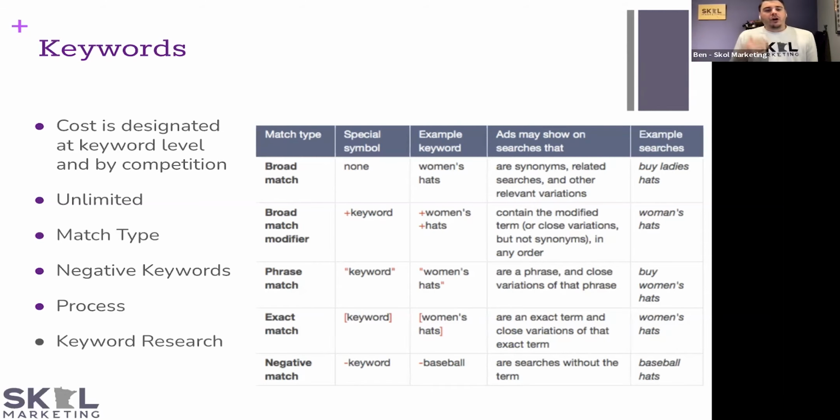But then we also have what's called match type. You can see the graph over here as an example. When we just type in a search term, like area rug cleaning, it's called a broad match. You can see that any synonym, any related search, any other relevant variation is going to be pulled up.